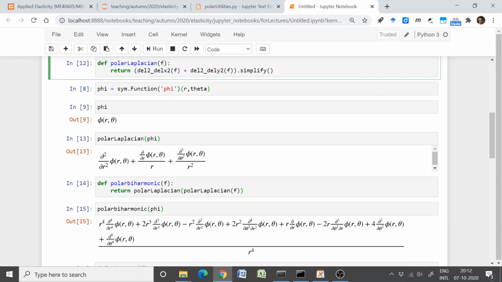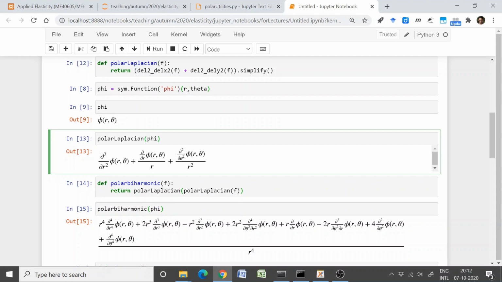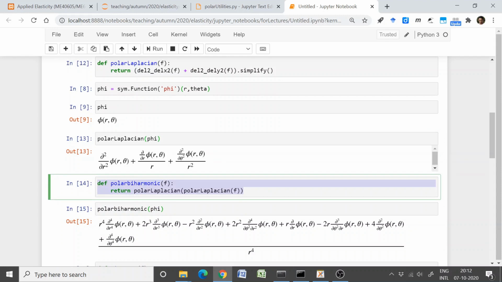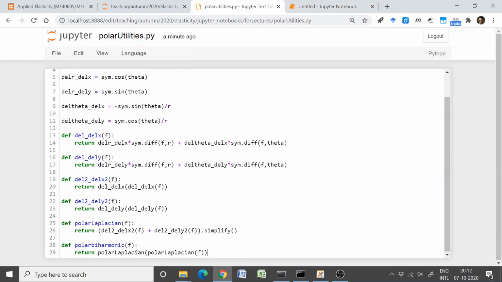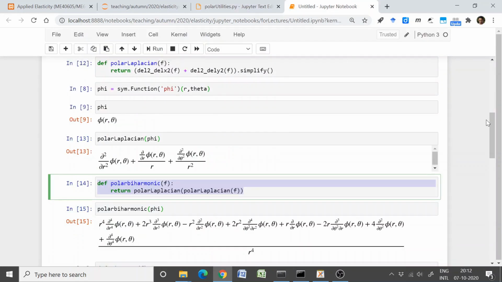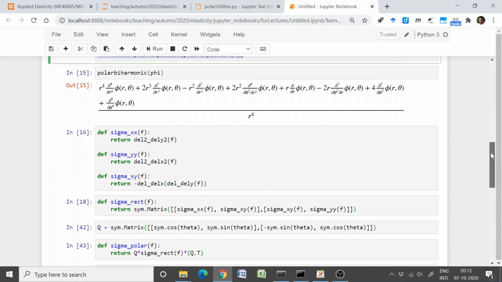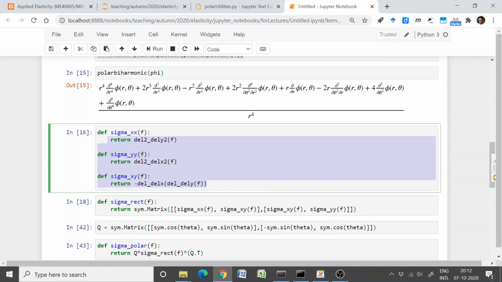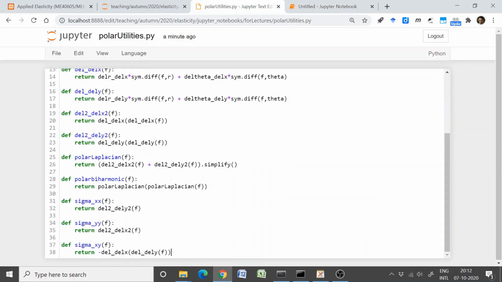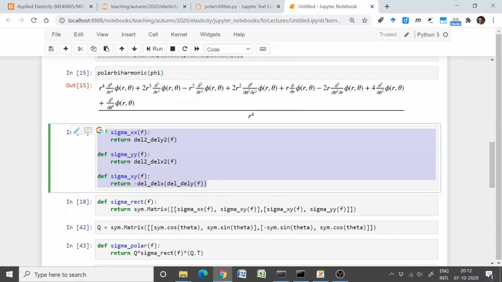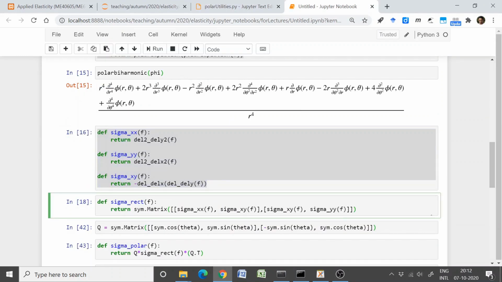I also don't need to display these or to copy these lines which were just for the purpose of displaying. Copy the polar biharmonic. All the actually utilizable lines that I copy, all the function definitions and everything. You see we have defined quite a bunch of functions and this will be utilized again and again.